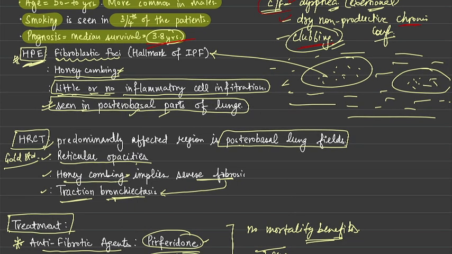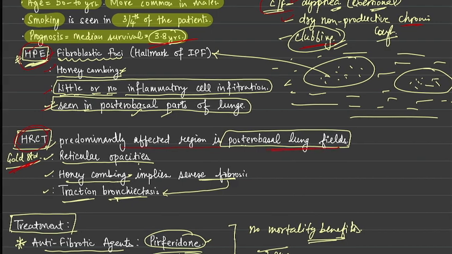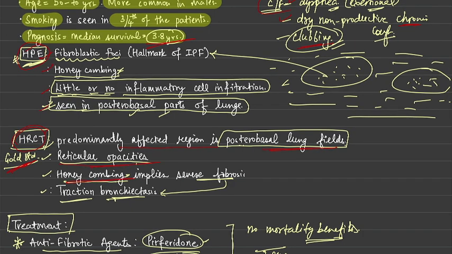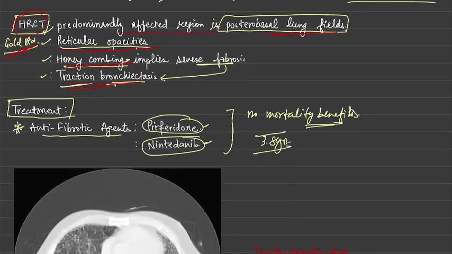On HPE, fibroblastic foci, honeycombing, and little inflammatory cell infiltration. On HRCT, which is gold standard, predominantly affected region is posterior basal lung fields, reticular opacities, honeycombing, traction bronchiectasis. Treatment is basically antifibrotic agents, pirfenidone, nintedanib. There is no mortality benefit, but they can slow down the process of fibrosis to some extent.